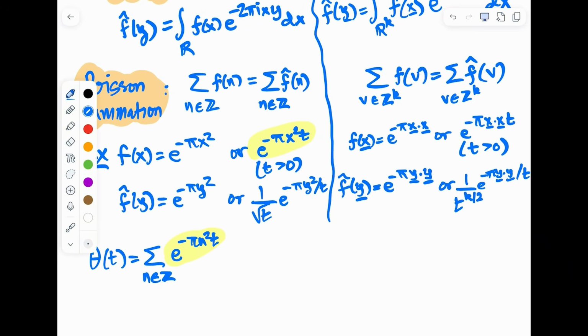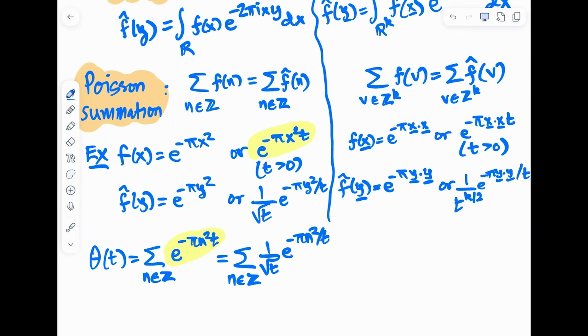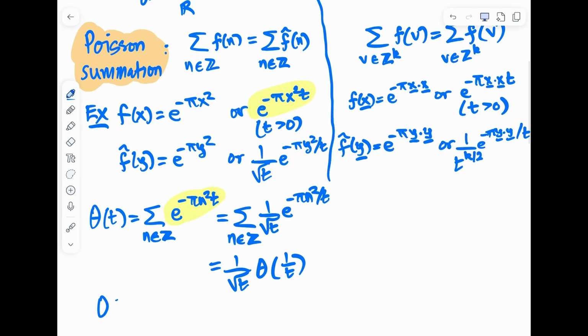And by the Poisson summation formula, it would be the same as summing its Fourier transform over the integers. And so that's where we got the relation that theta of t is 1 over root t, take that factor to the outside, times theta at 1 over t. So you can rescale, or swap t with 1 over t: theta of 1 over t is root t theta of t.